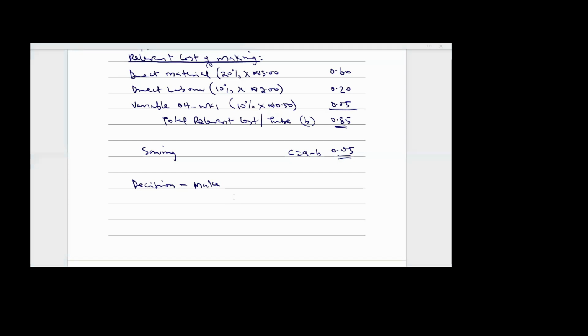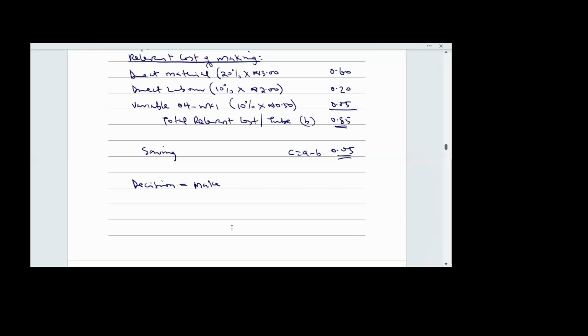Number 2. What will be the maximum purchase price acceptable to Shangoto Edo Nigeria Limited for the tube? Show calculation to support your answer with an appropriate explanation. So what will be the maximum purchase price acceptable to the company? Something that costs you 85 kobo to produce, can you pay more than that? No, you can't pay more than 85 kobo.